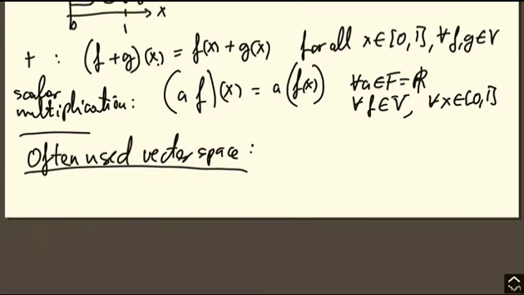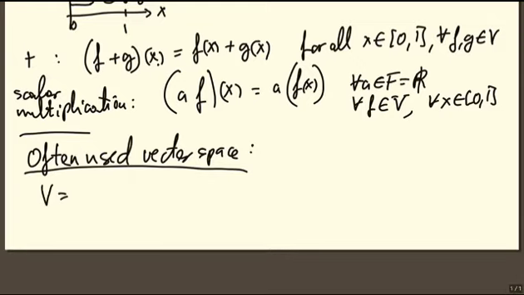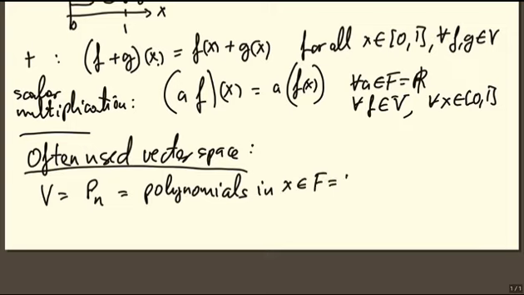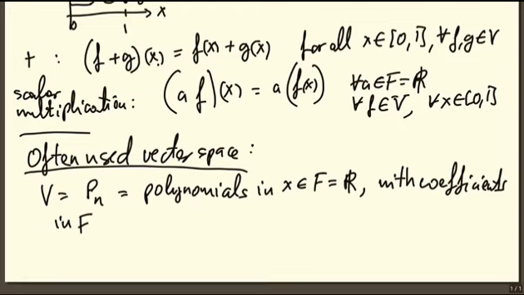So some special function that people often use in applications is denoted by P sub n, and this will be the polynomials in x from a field F, which is typically the real numbers, with coefficients. Polynomials have coefficients, again in F, which is usually the real numbers.